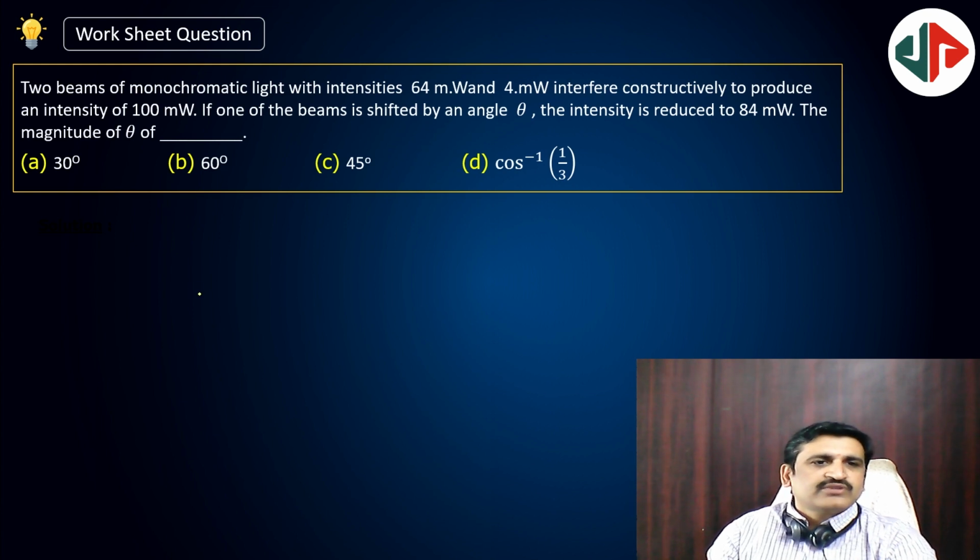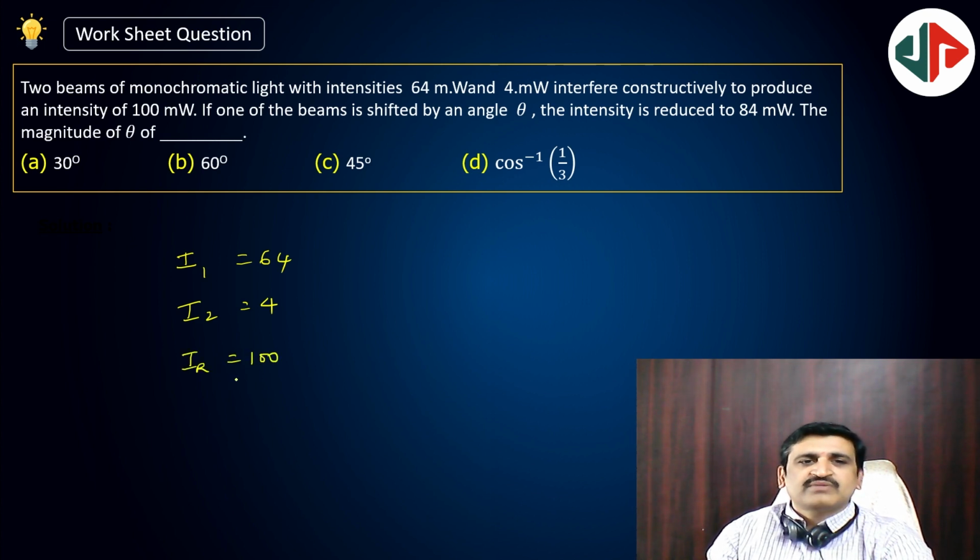Two beams of monochromatic light of intensity, watt per meter square, anyway, 64 units first I'll write. Intensity I1 is equal to 64 and I2 is equal to 4. They interfere constructively to produce a resultant intensity of 100 units.